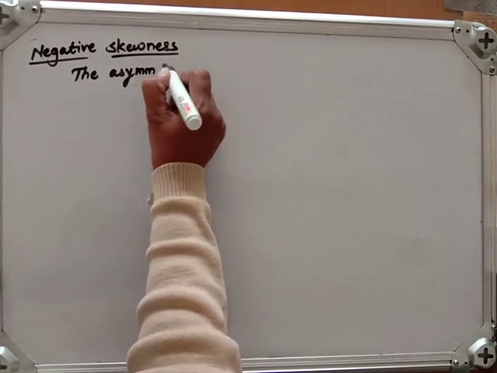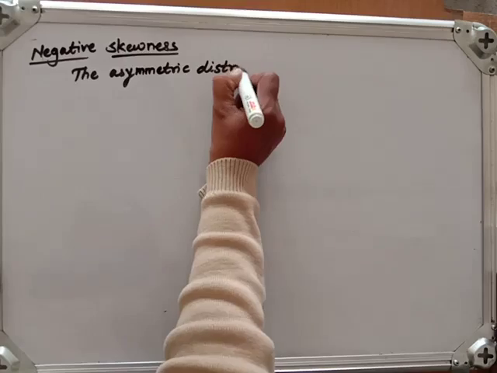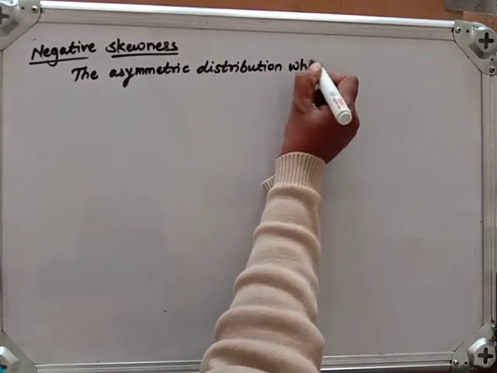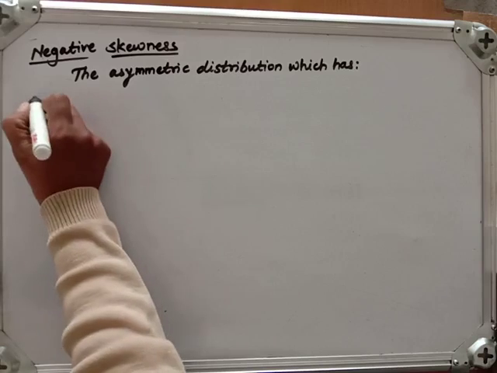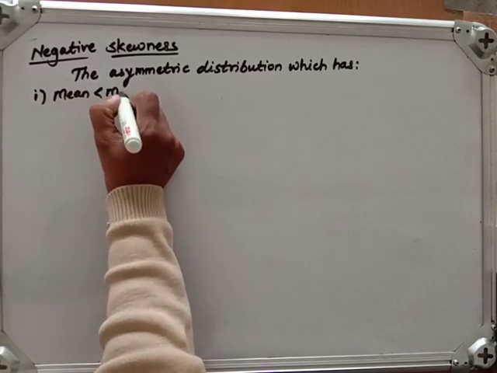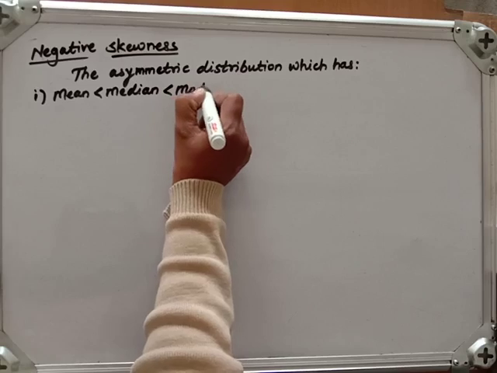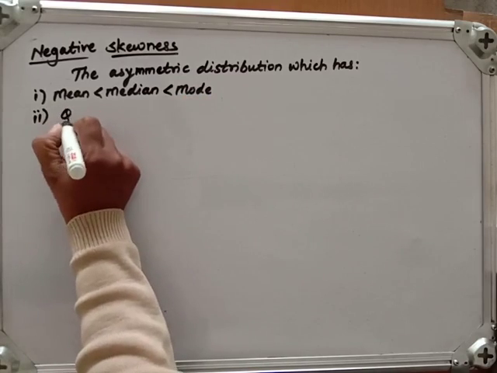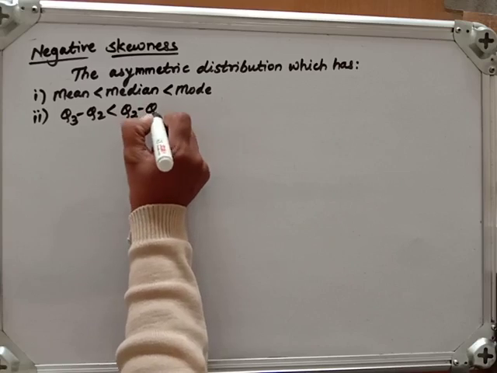So the asymmetric distribution which has, first, mean less than median, less than what, mode, means it is towards left, fine. Second thing, q3 minus q2 is less than q2 minus q1.